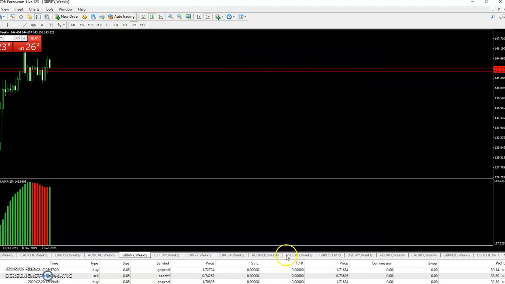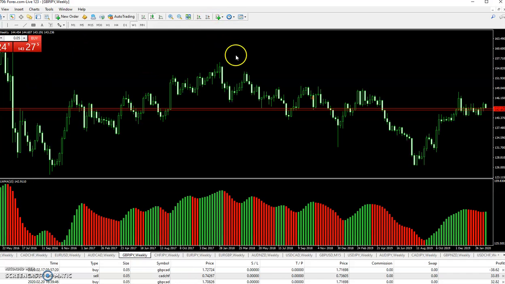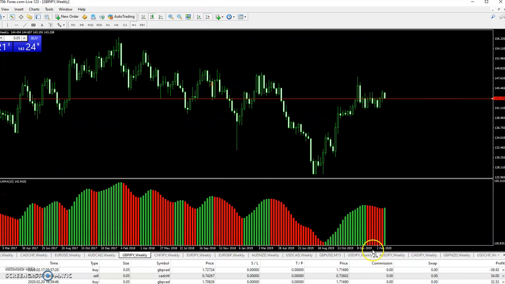I don't remember why I drew these lines. Maybe because of this wick right here. Who knows? So actually we have a green on this one here. But again, this could change during the week. And today is Monday, so it's still pretty early.